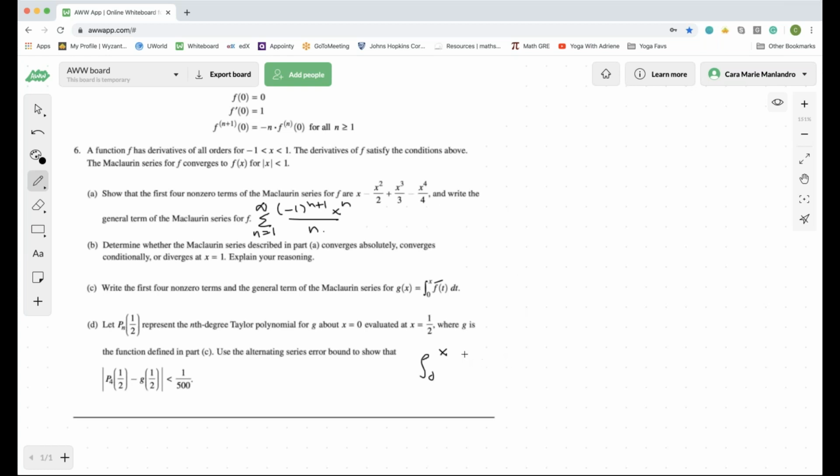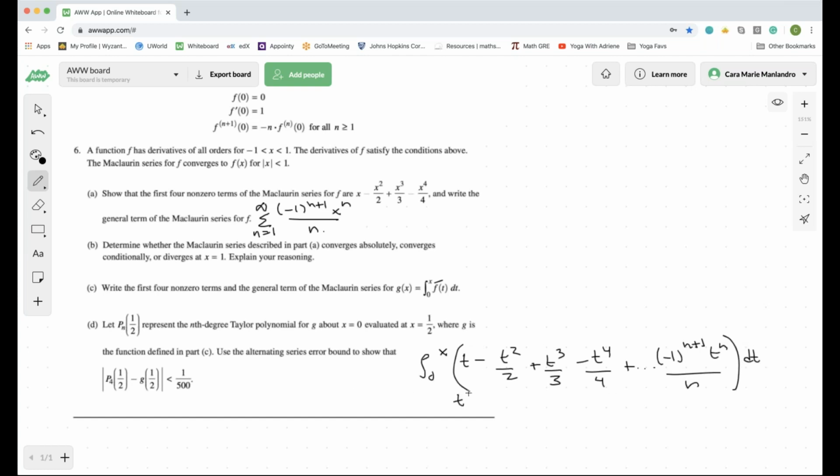All right, so t minus t squared over 2 plus t cubed over 3 minus t to the 4th over 4 plus dot dot dot. And then I want negative 1 to the n plus 1 t to the n over n. All right, I'm taking the integral of this thing.